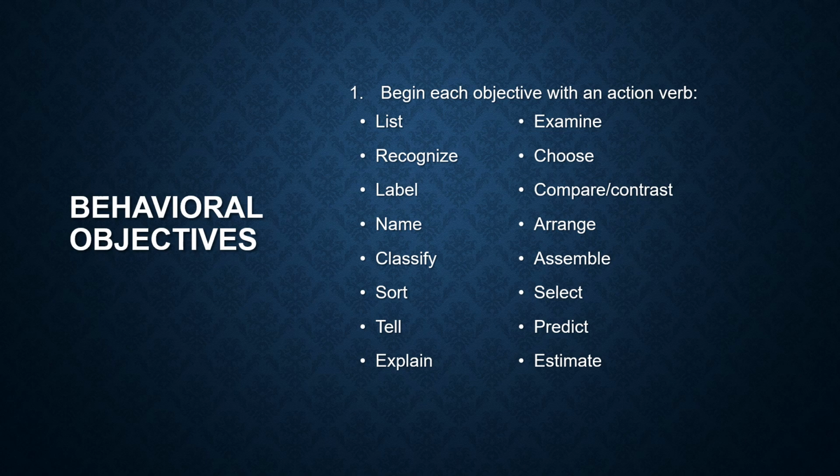Pause the presentation here and read each of these out loud if you are an auditory learner, and be sure you understand what each of these words mean. This is not a comprehensive list. Your own objective doesn't have to start with one of these words, but rather these are examples of what you might use.